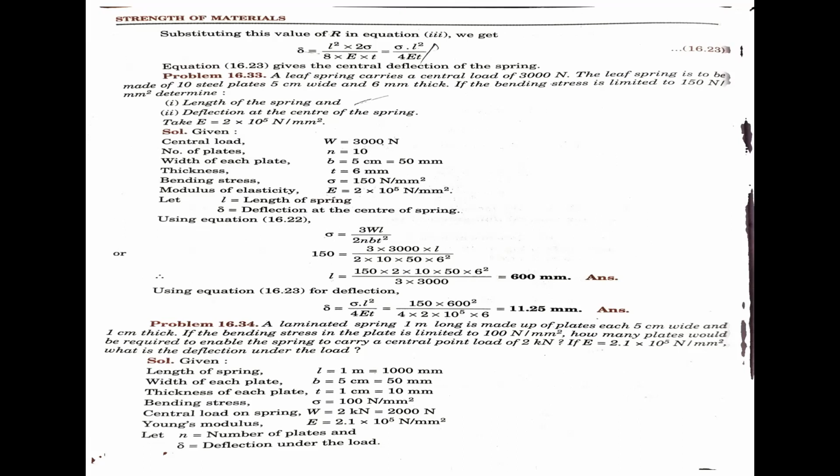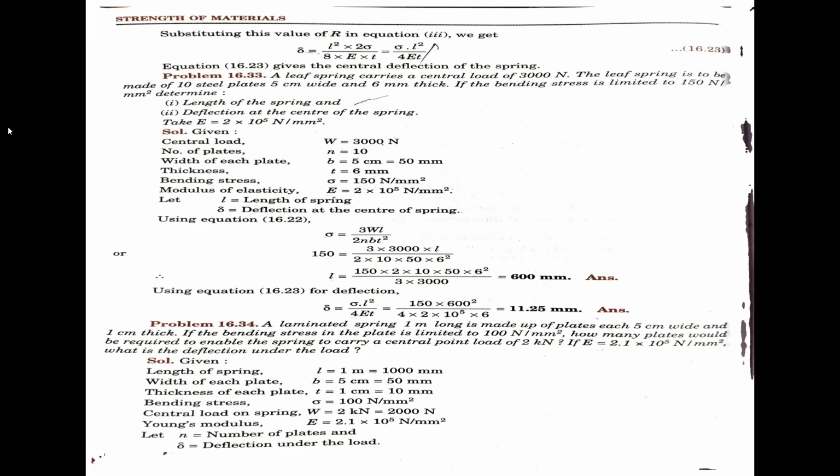Okay, now we have to write the data, and what is to be calculated, and what formula will be used. We have to write the given data in this problem first. Again I will read the problem. A leaf spring carries a central load of 3000 newtons.